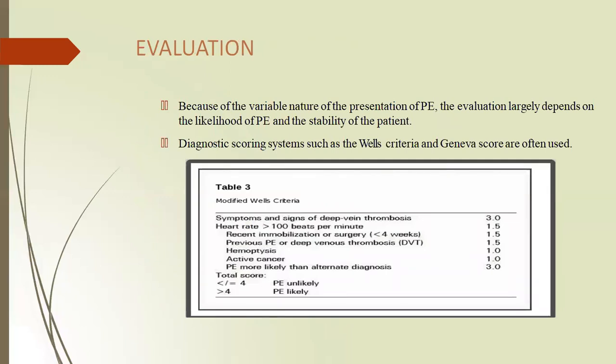Evaluation. Because of the variable nature of the presentation of pulmonary embolism, the evaluation largely depends on the likelihood of pulmonary embolism and the stability of the patient. Diagnostic scoring systems such as the Wells criteria and Geneva score are often used.